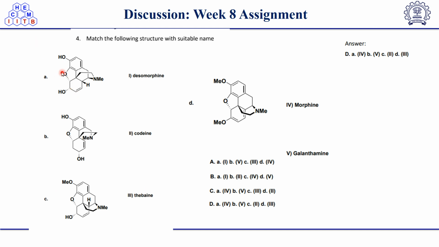That is, in morphine, if we replace both hydroxyl groups with methoxy groups, we get the structure of thebaine. So the first one is morphine, the second is galanthamine, the third is codeine, and the fourth is thebaine. So the correct answer is option D. The desomorphin structure is not given; none of the four structures matches desomorphin.